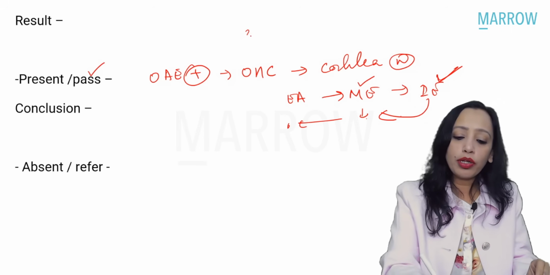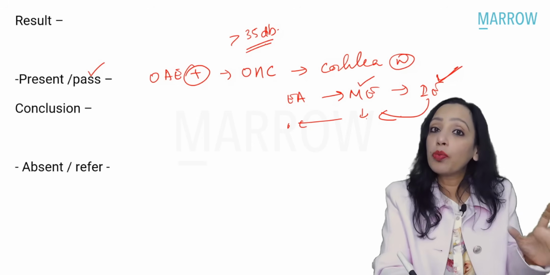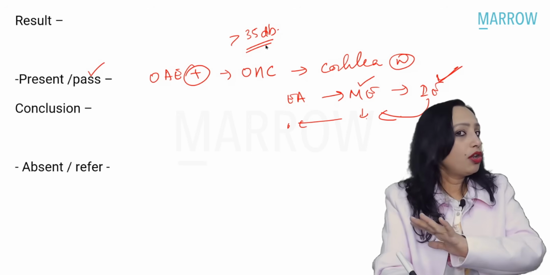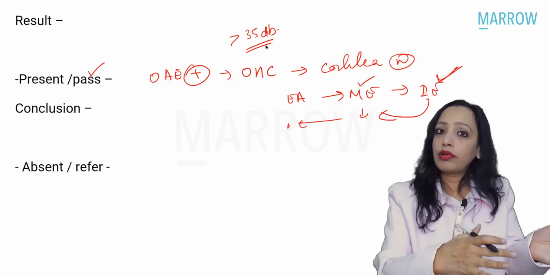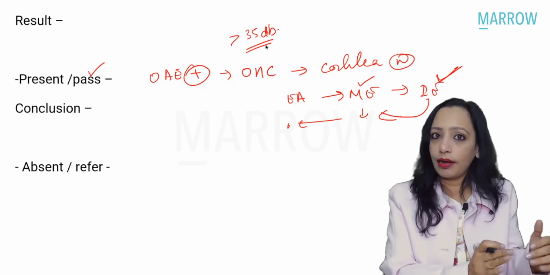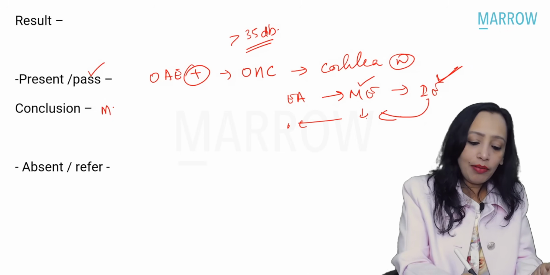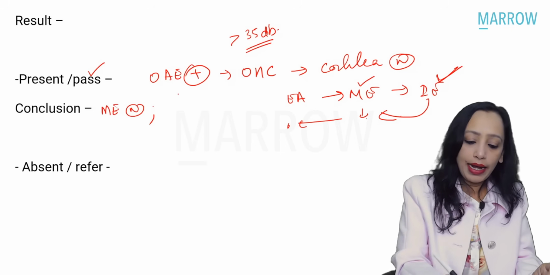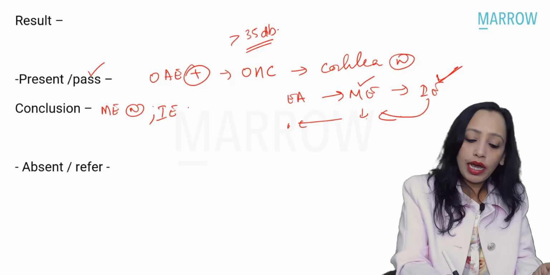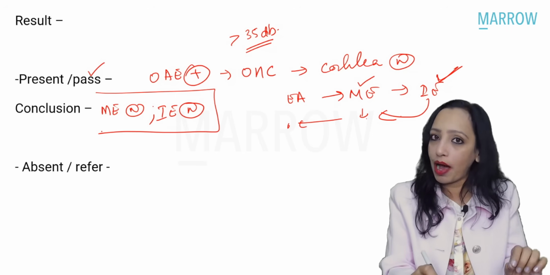Any conductive hearing loss more than 35 decibel will not let the sound travel into the inner ear or back from the inner ear into the external auditory canal, right? So the conclusion is that the middle ear is normal and the inner ear or the cochlea is also normal. That is the conclusion we get when the result is pass.